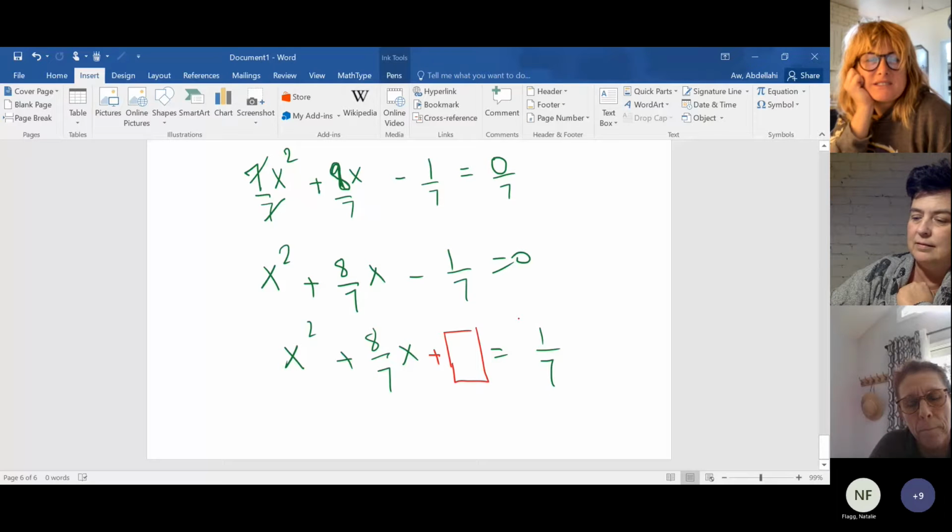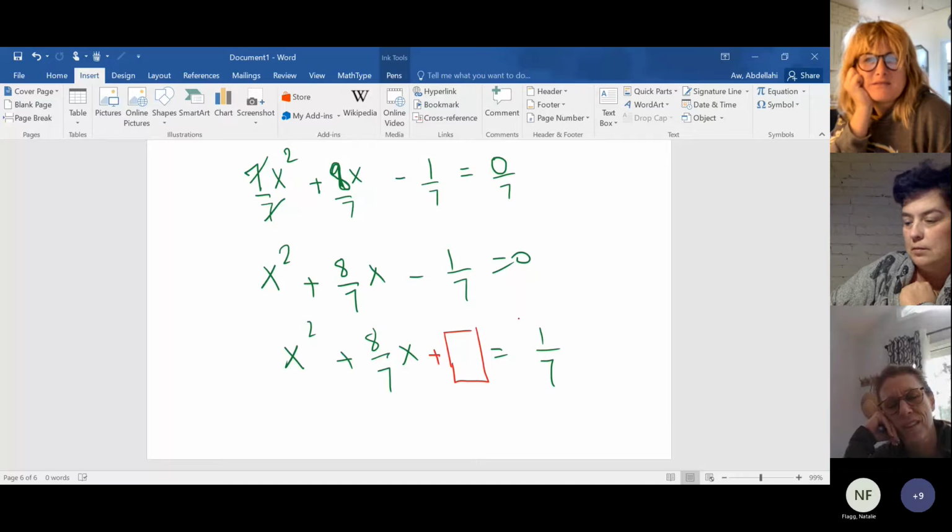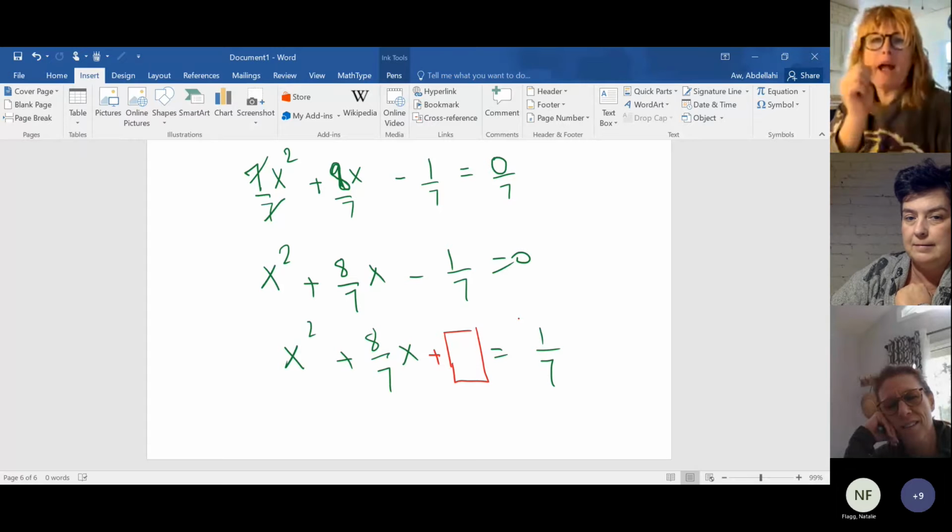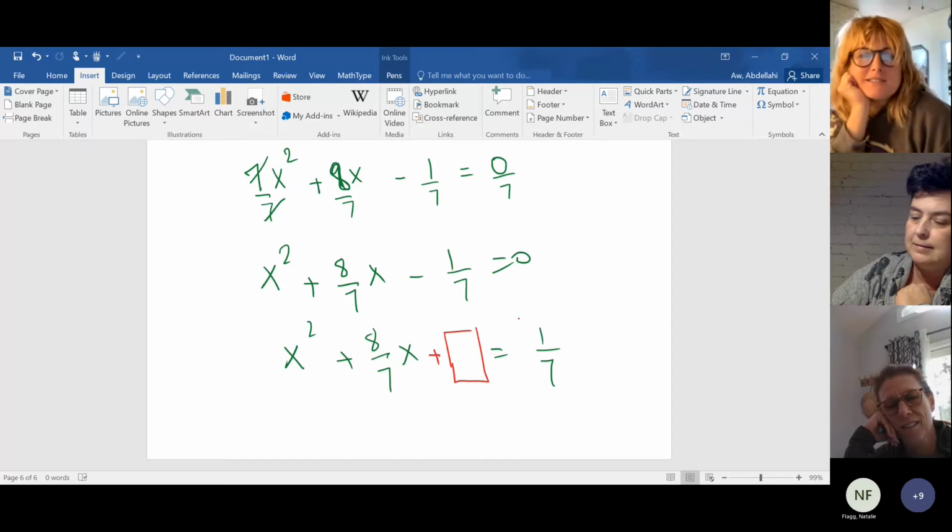Because now what was easy is to take half of the number. What is half of the fraction 8 over 7? It becomes a little bit harder: 8 over 14. If you want half of a fraction, you double the denominator.